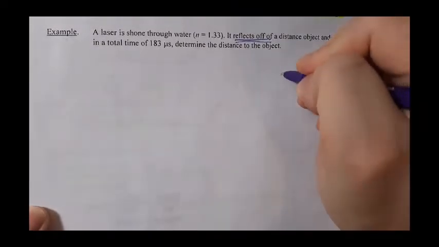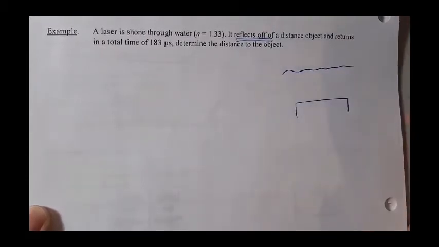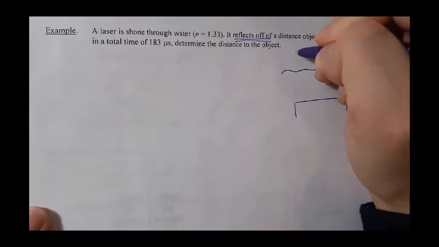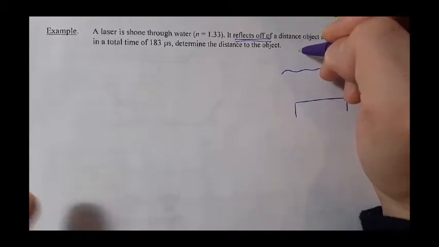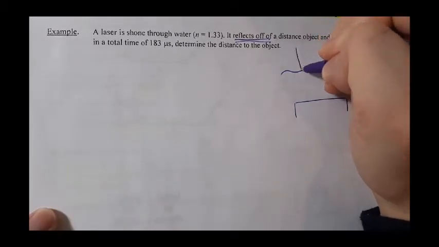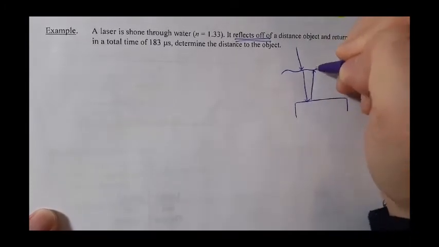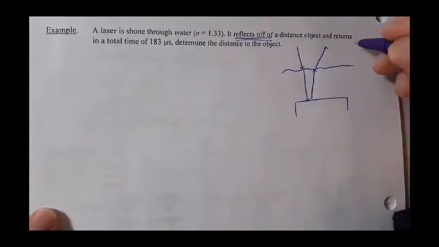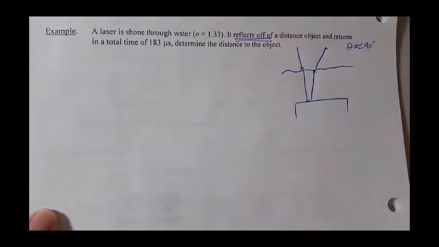So we're talking about this situation. Let's draw it first. I have water and I have a distant object. The laser is going through, let's try to go as straight as possible, but imagine we're using the angle closest to 90 degrees. Then it's going down and up.